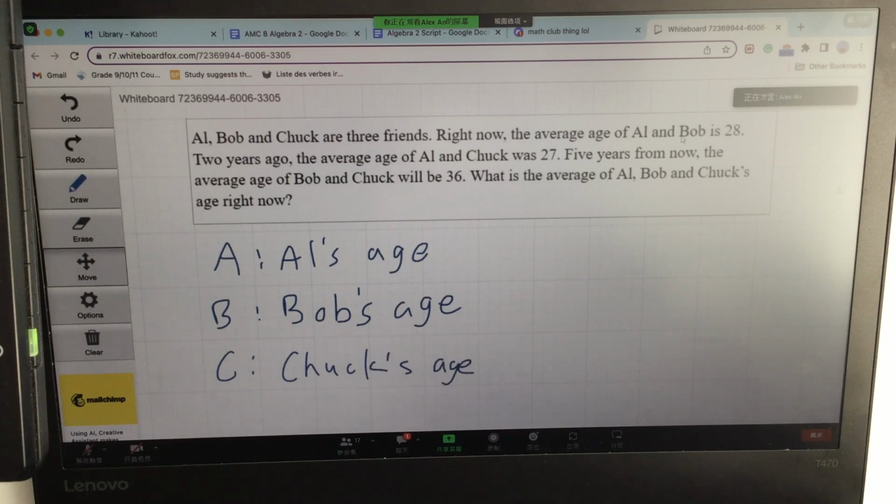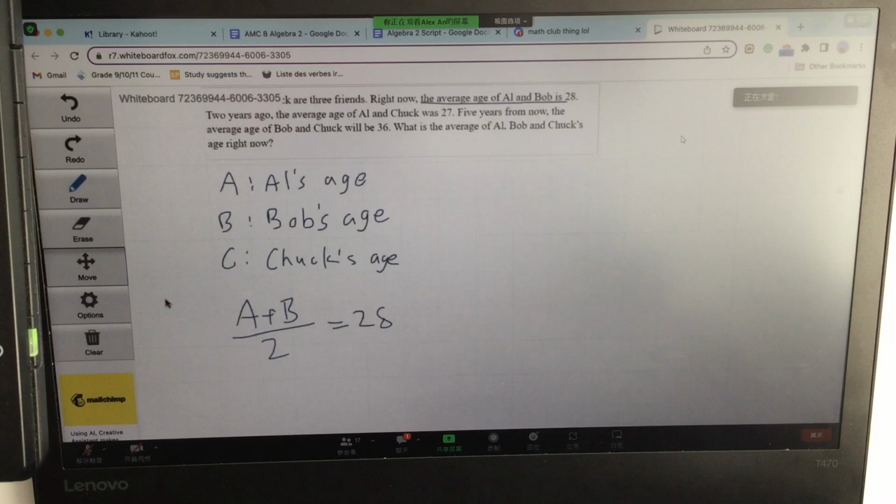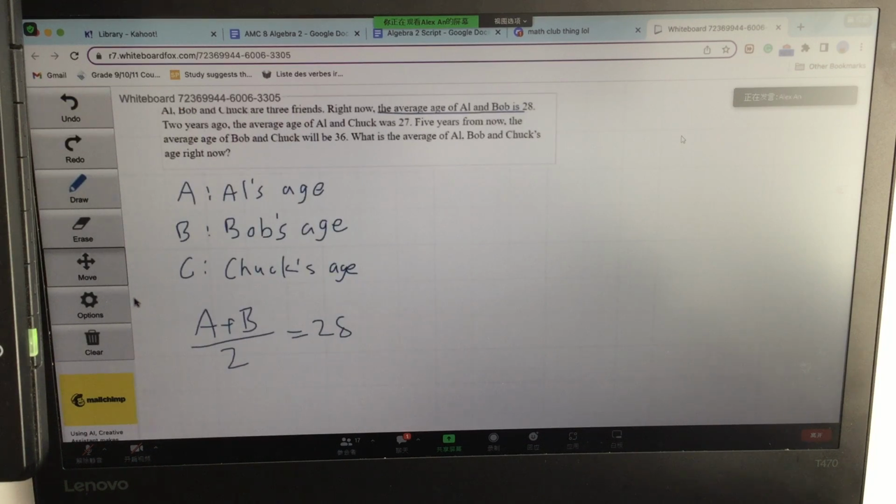So from the information, we know that the average age of Al and Bob is 28. So you can just right away write that the average of A plus B is 28. So A plus B, divided by 2, equals 28, because we know the average age of Al and Bob is 28.